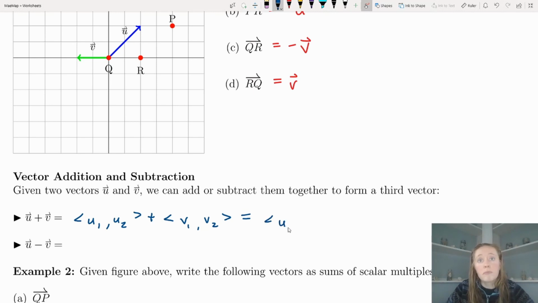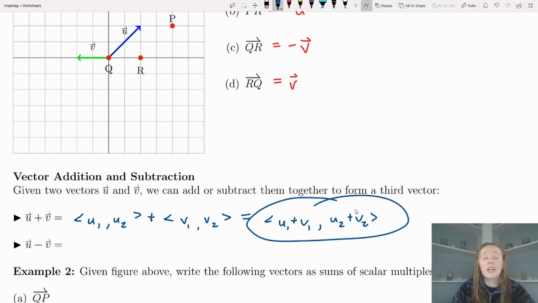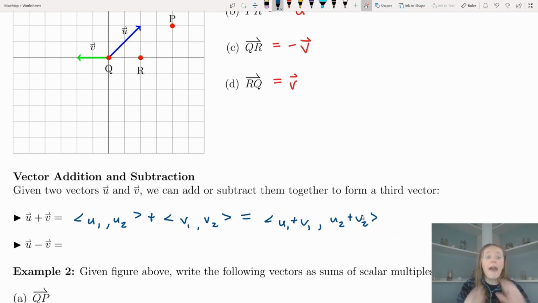My first component is u1 plus v1, my second components added together, u2 plus v2. Adding two vectors together results in a vector.